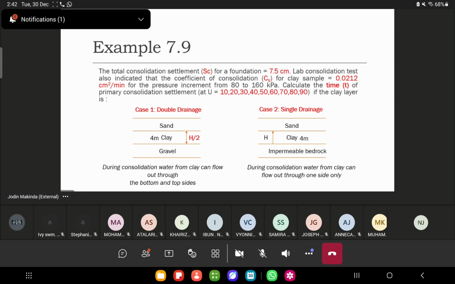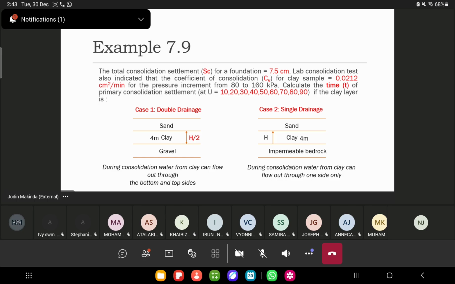Therefore, the distance for the water to travel out from clay to sand and from clay to gravel is equivalent to thickness H divided by 2, because it can flow both ways. During consolidation, water from clay can flow out through the bottom or the top side.